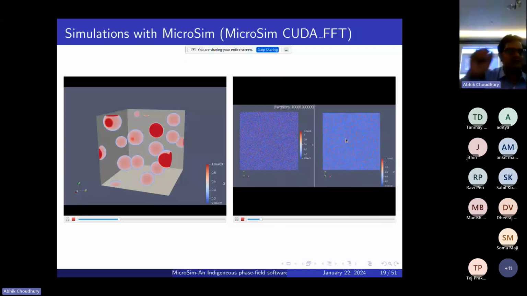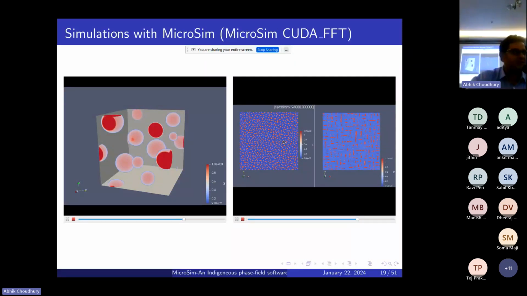So these precipitates that emerge are coherent with the matrix, and thereby the stress that is associated with their nucleation and growth will influence the shape as well as the coarsening dynamics that evolve. So it is important to capture that. As you see, the microstructure is remarkably different from the case where the elastic properties are not present. Okay.